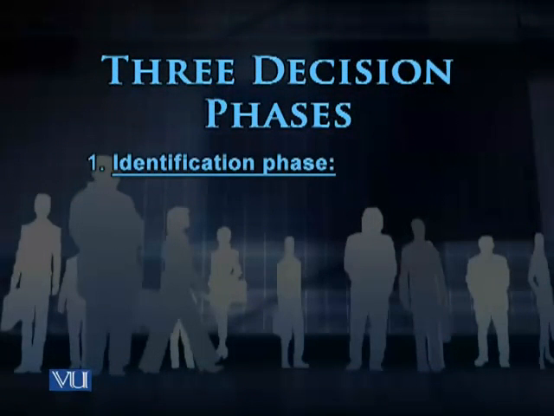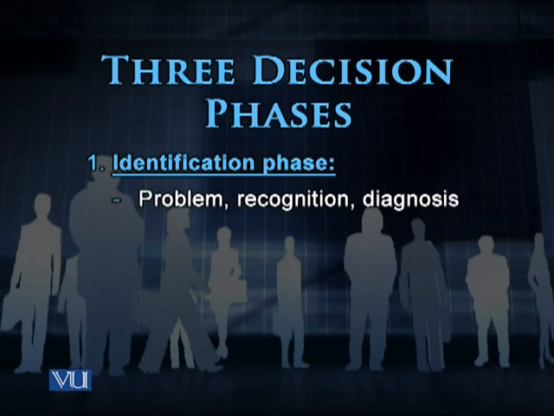One of them, the first, is called the identification phase, which is very much like the problem identification phase which we have seen in individual decision making, in bounded rationality. Here the problems are recognized.